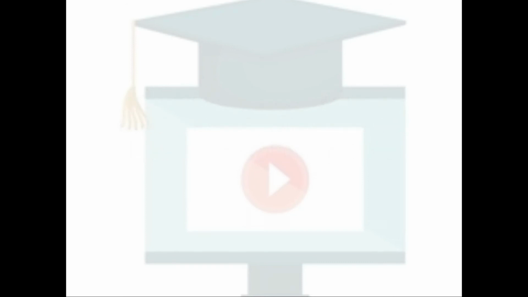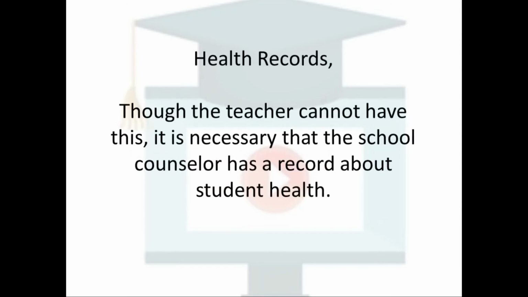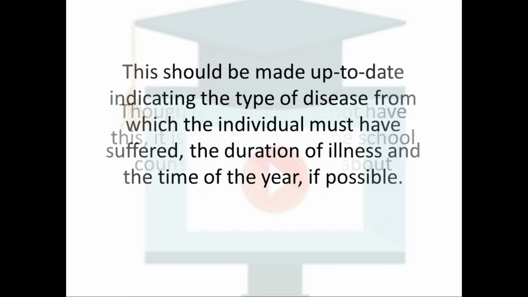Health records. Though the teacher cannot have this, it is necessary that the school counselor has a record about students' health. This should be made up to date, indicating the type of disease from which the individual must have suffered, the duration of illness and the time of the year, if possible.